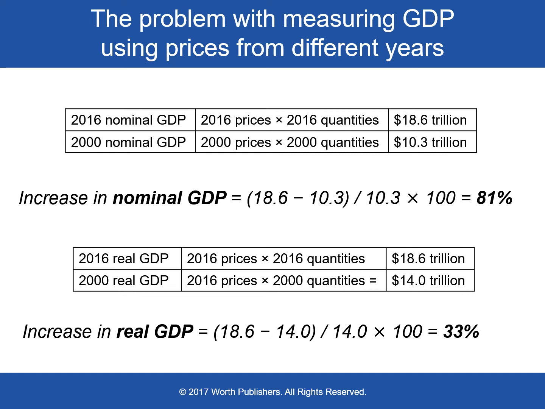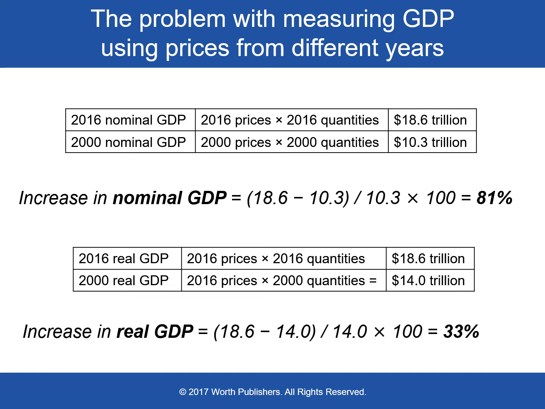Now, if we try to compare the growth in GDP between 2000 and 2016, and if we just use that top row, what we'd show is a really big increase in GDP of 81%. But remember, we're not comparing apples with apples because the prices we're using are not the same prices. For the 2000 production, we use 2000 prices.